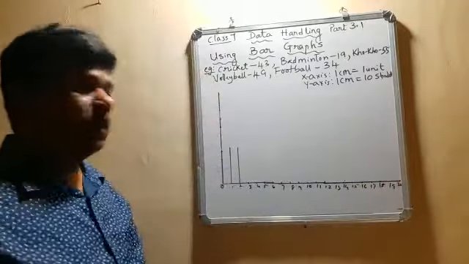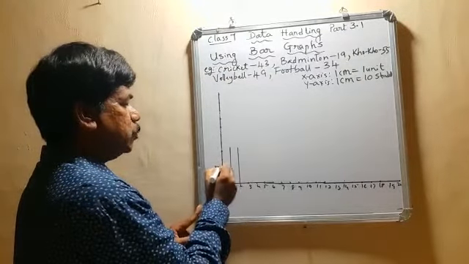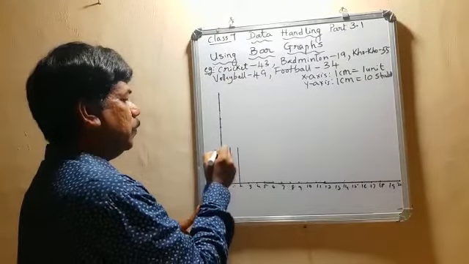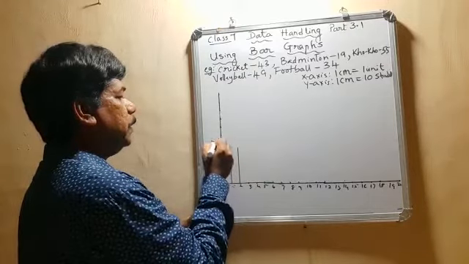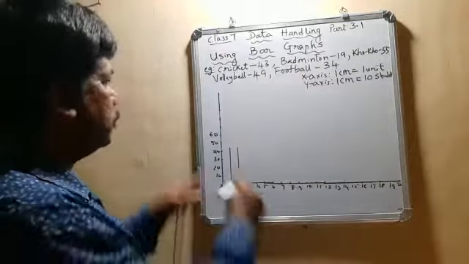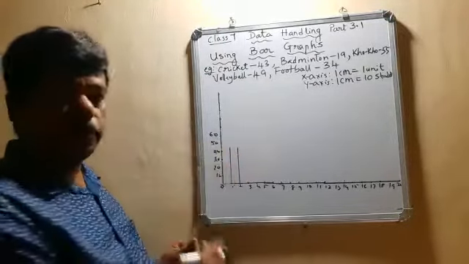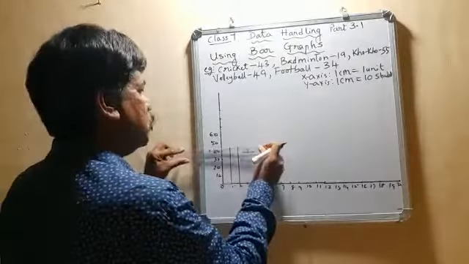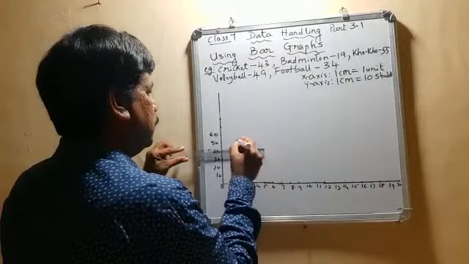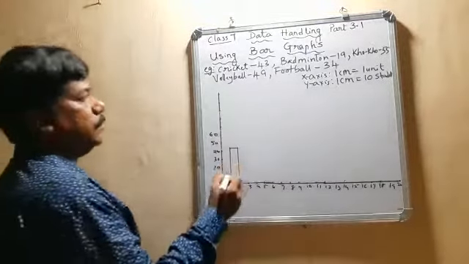So this side is 10, this is 20, 30, 40, 50, 60. The maximum is 55, so 60 is enough. So I have drawn 43. 43 is almost here. So this is for cricket.